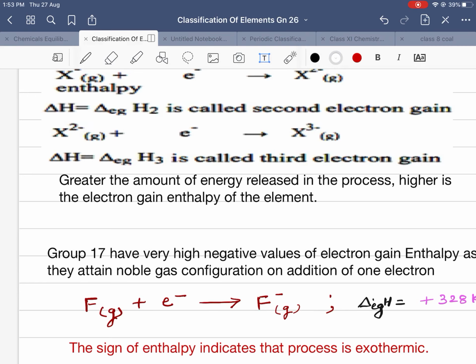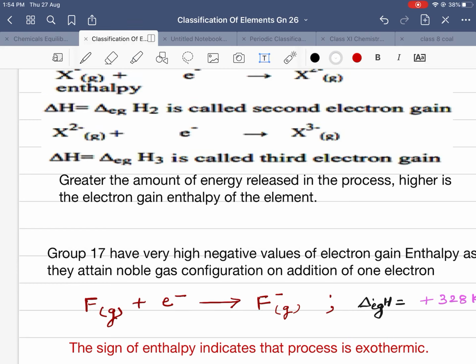The sign of the enthalpy change indicates that this is an exothermic process. However, the electron affinity of fluorine is assigned a value of plus 328 kilojoule per mole. Thus, we can think of electron affinity as the energy that must be supplied to remove an electron from a negative ion.